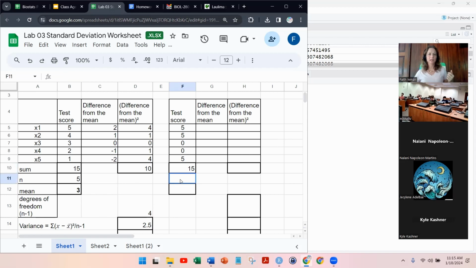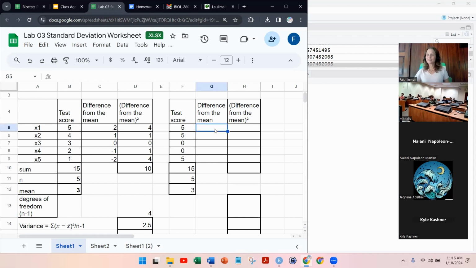As you can see. The n, the number of scores, is the same, 5, right? And the mean here, if we take equals 15 divided by 5, our mean is the same. Coincidence? Or was this part of my evil scheme?